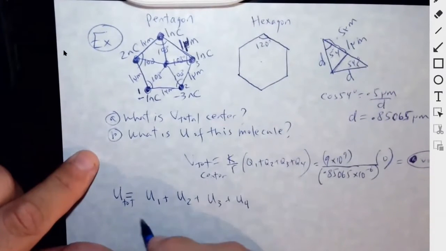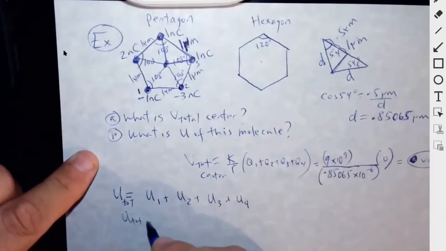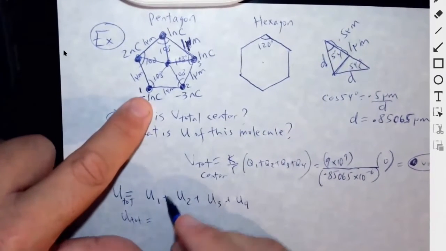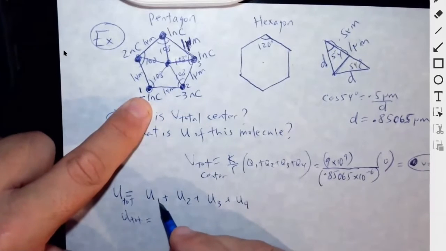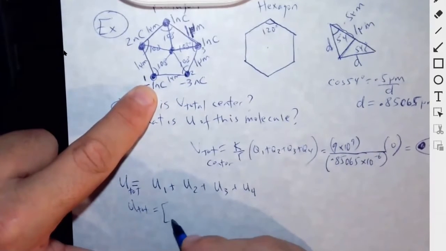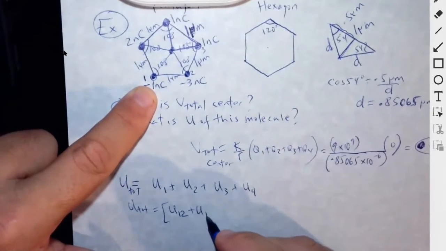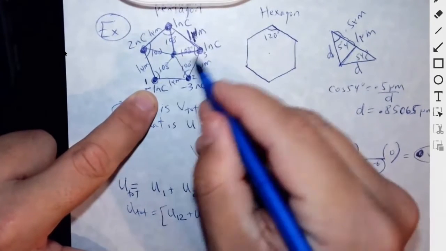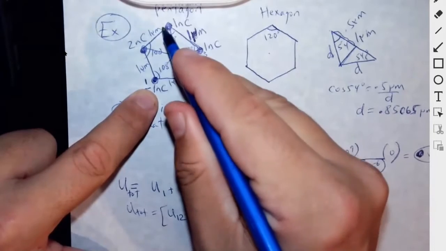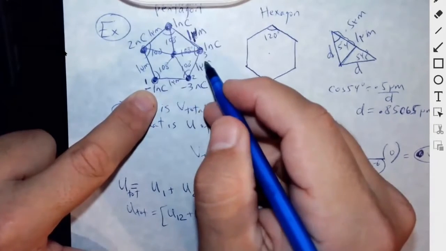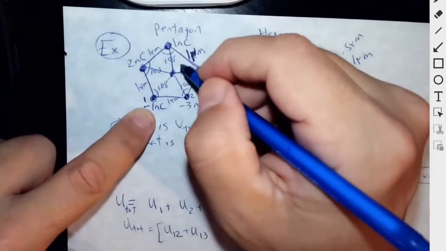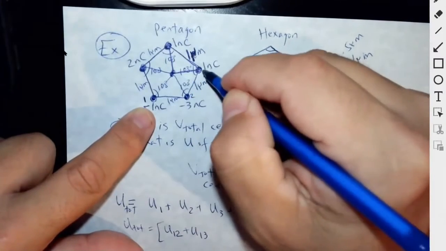So now, number 1 has potential energy with 1 and 2, 1 and 3, this one, and 1 and 4. So this one I labeled 4, right? Hold on. 1, 2, 3.